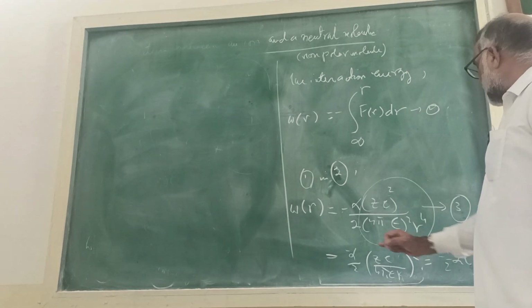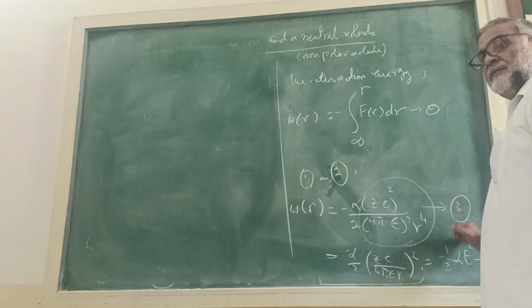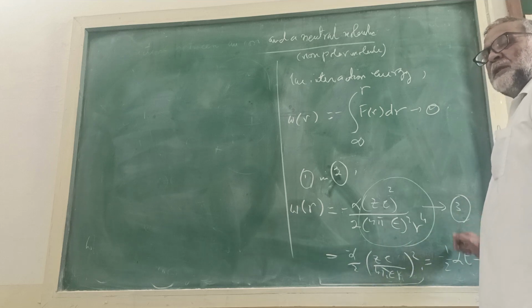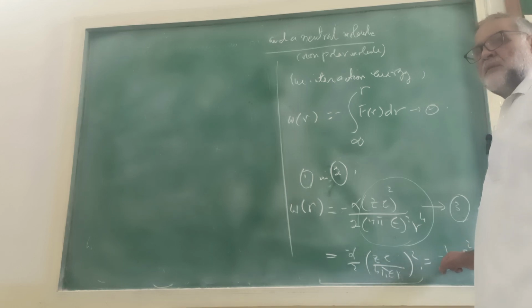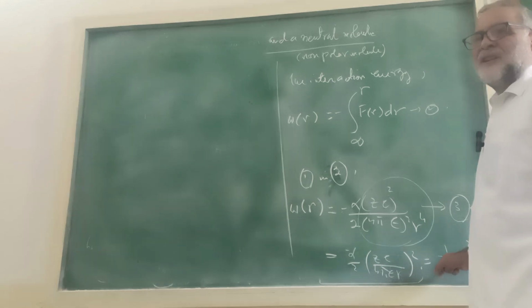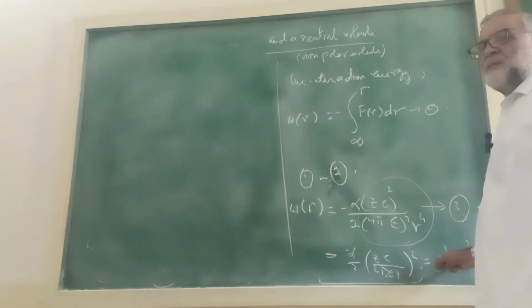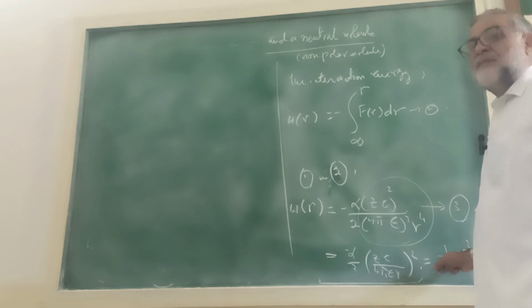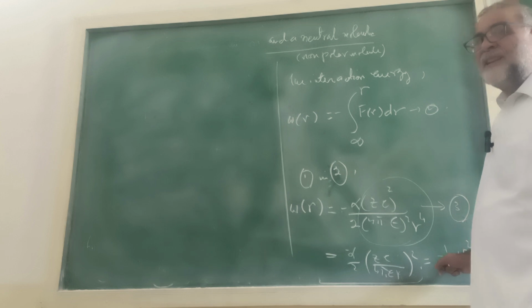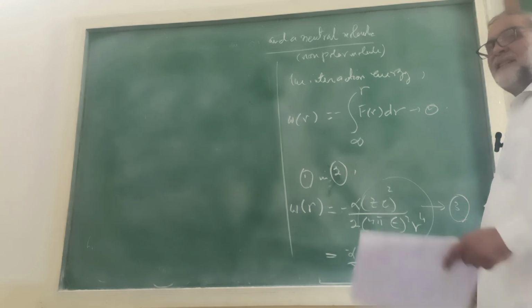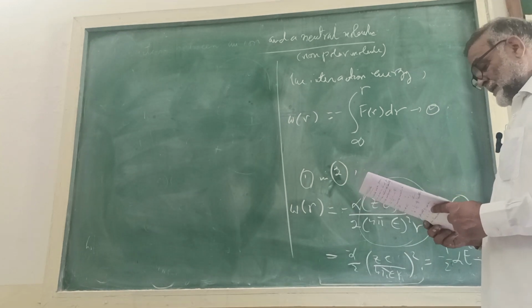So the interaction energy depends upon the square of the electric field of the ion, and it is also directly proportional to the polarizability of the molecule. If the polarizability is greater, if it can be easily polarized, then the interaction energy will be larger.